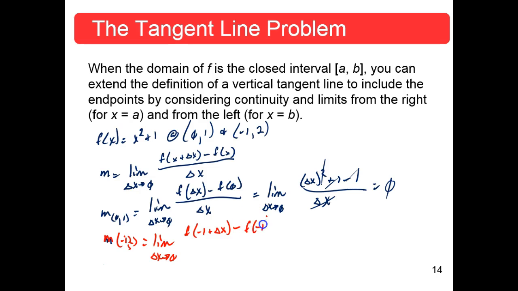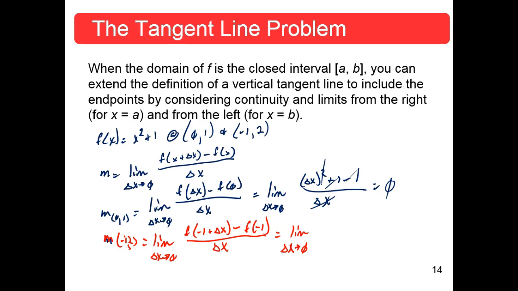Alpha of negative 1 plus delta x, divided by, the denominator is still delta x. Okay, now we've got to calculate the limit as delta x approaches 0. Now, what is alpha of negative 1 plus delta x?